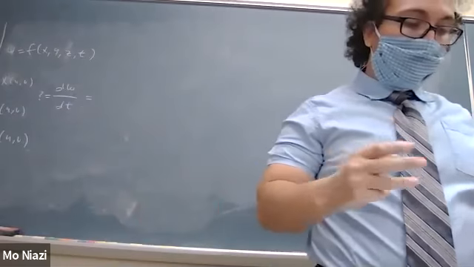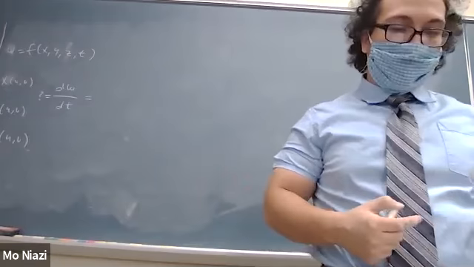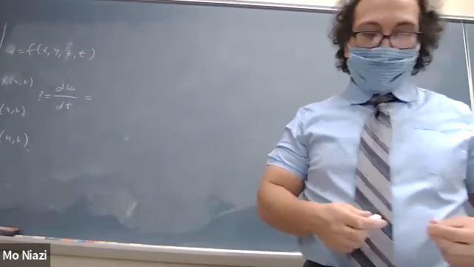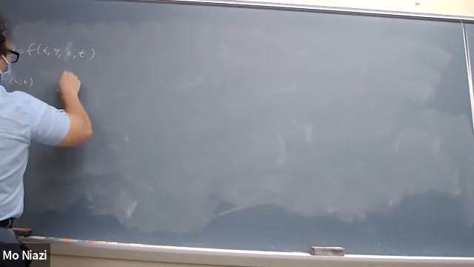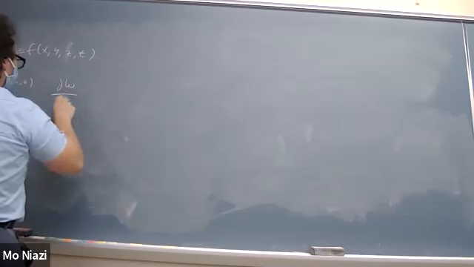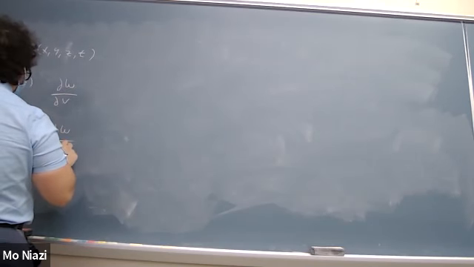Or actually, what is partial w, partial u, partial w, partial v? I mean, any of these questions can be asked. But let's discuss partial w, partial v, and partial w, partial u.